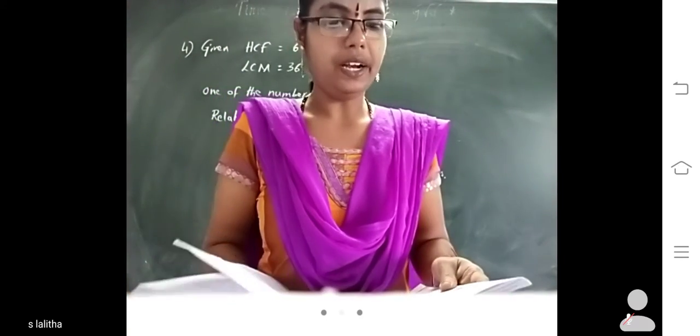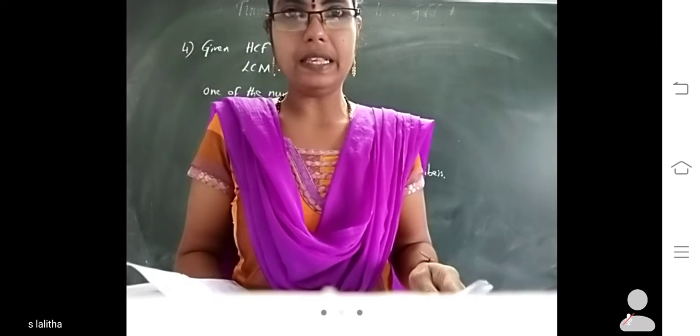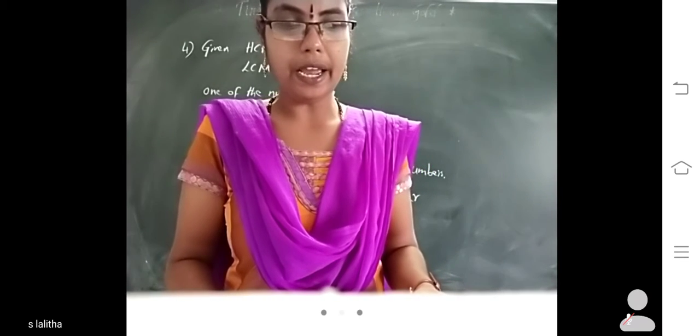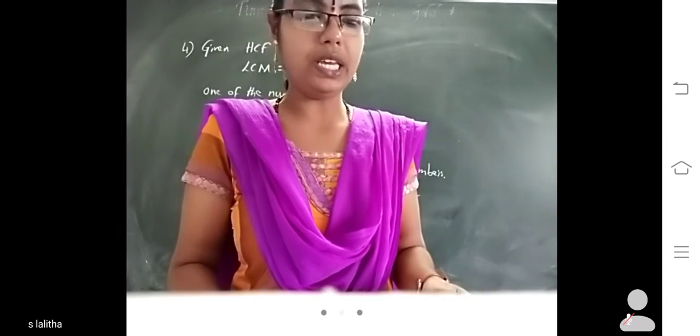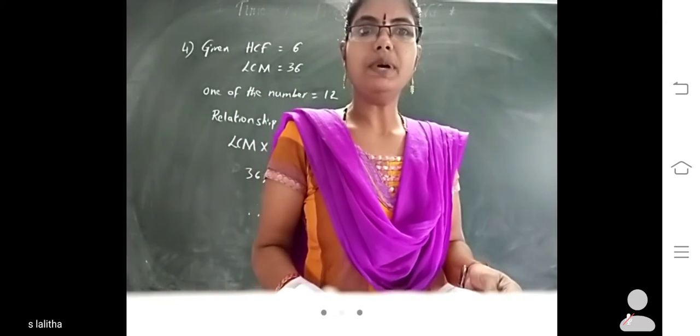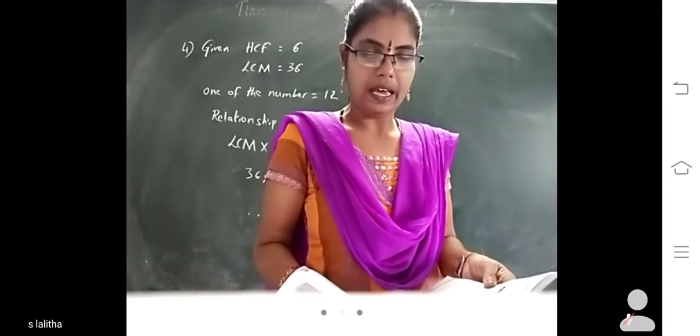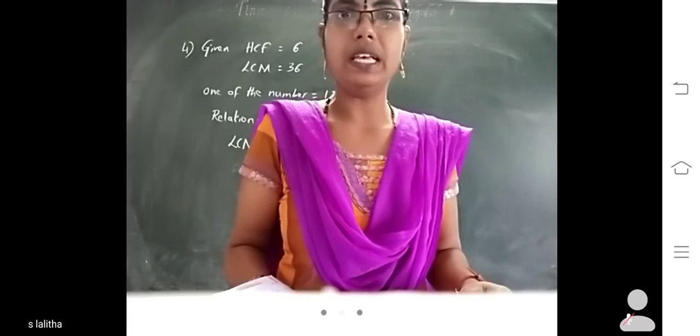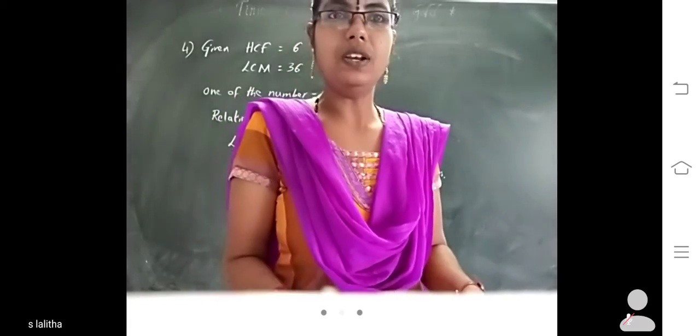Fifth question. Can two numbers have 16 as their HCF and 384 as their LCM? Give reason. So can two numbers have 16 as their HCF and 384 as their LCM? What is the reason? You have to write.